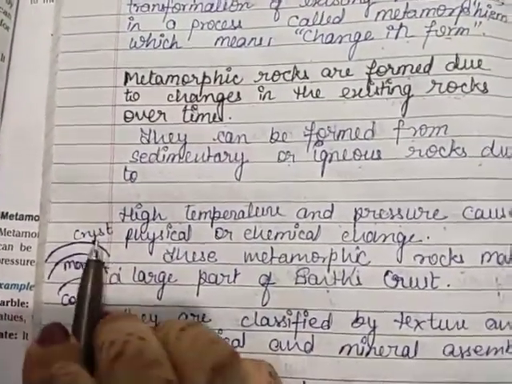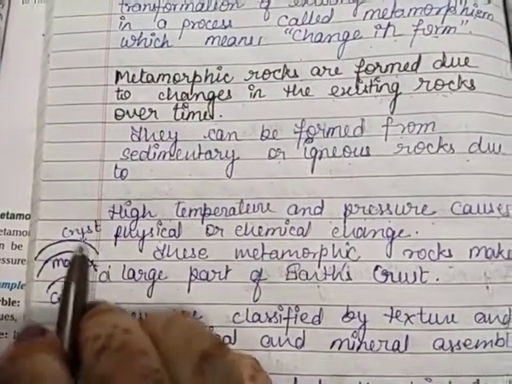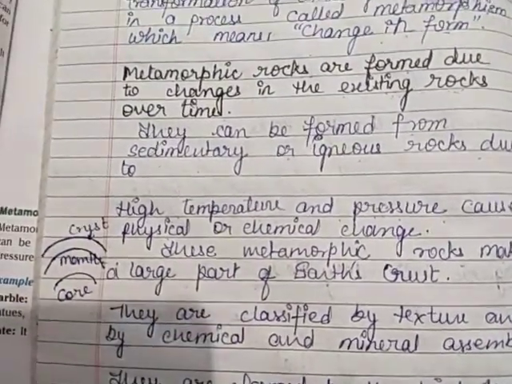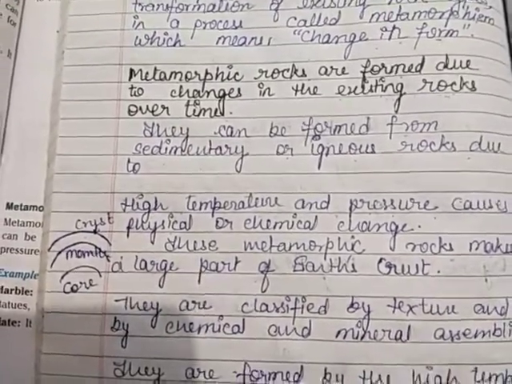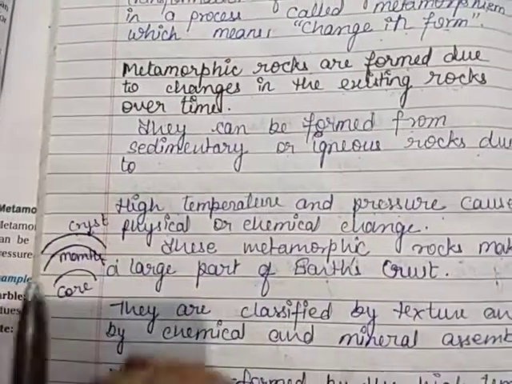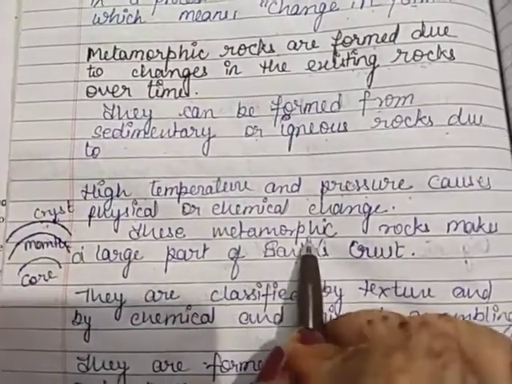So Earth's crust means the outer layer of the earth. A large part of the crust is made by the metamorphic rocks.